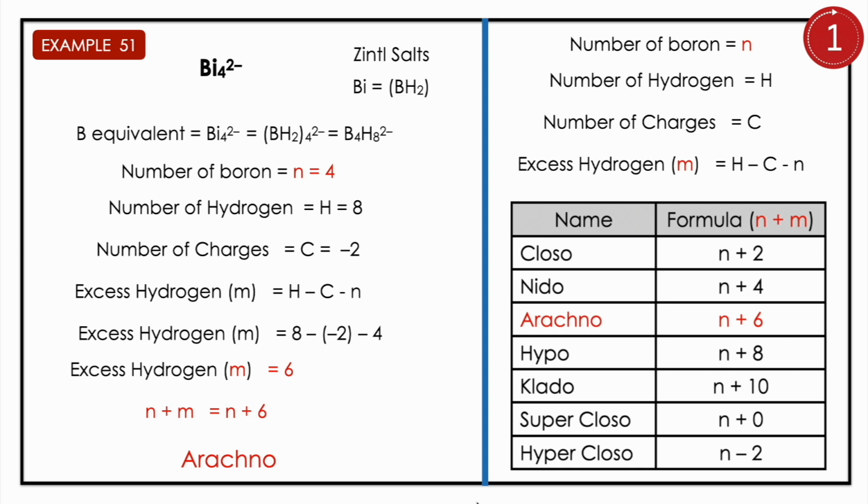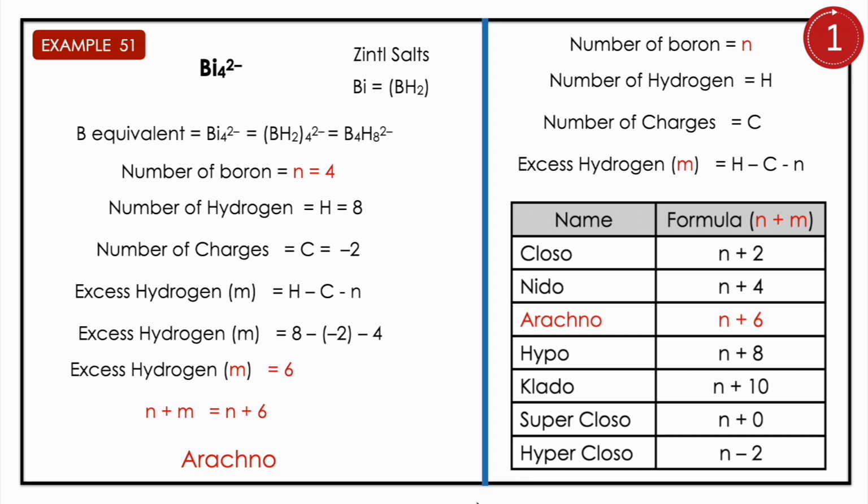Bismuth is in the nitrogen series, so the boron equivalent will be BH2. If you substitute BH2 for Bi, you have (BH2)4 2-. If you rewrite it, you have B4H8 2-. So the compound becomes simple borane. You can apply Wade's rule.